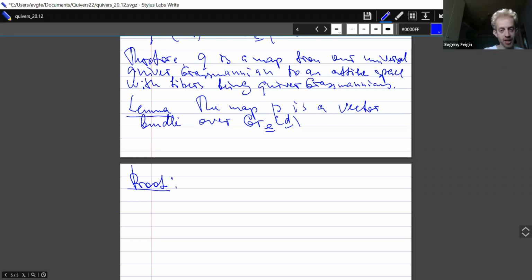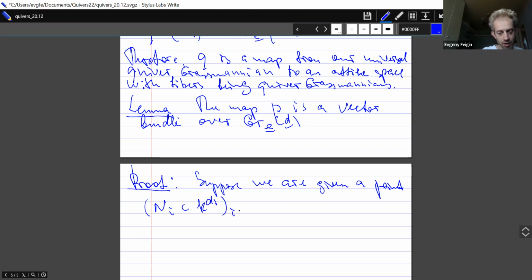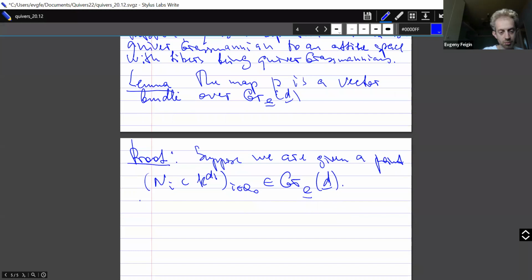Maybe the first thing to say is, suppose we are given a point N_i inside K^{D_i} in Gr(E, D). So what is the inverse of this point? How to describe it?